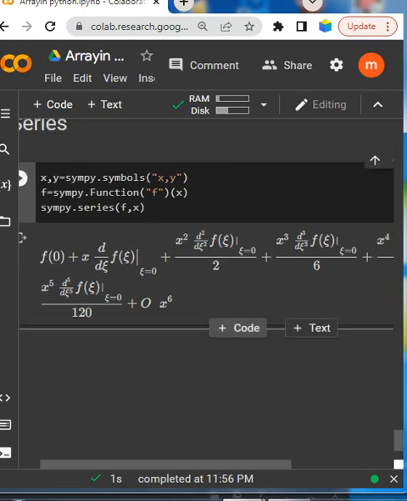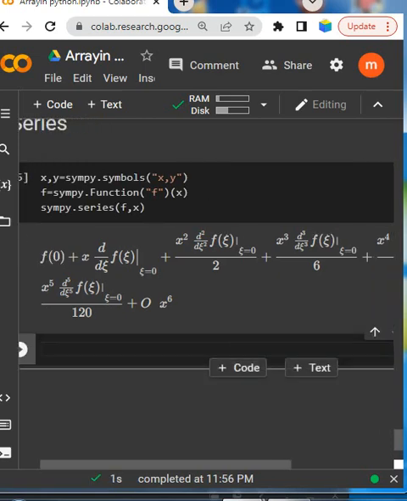So this is a way to understand, and we try to do more practice. Now to change the point around which the function is expanded, I want to specify the x0 argument.